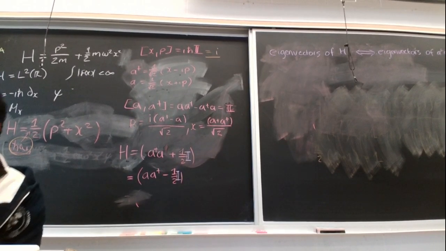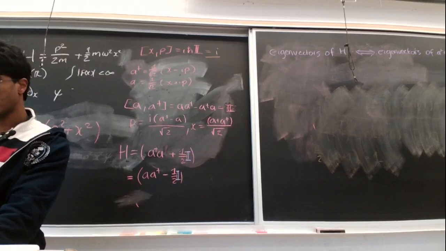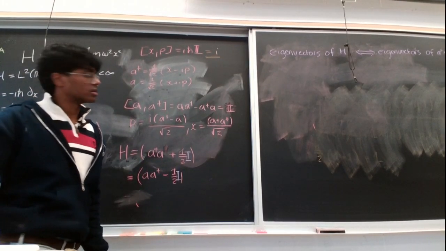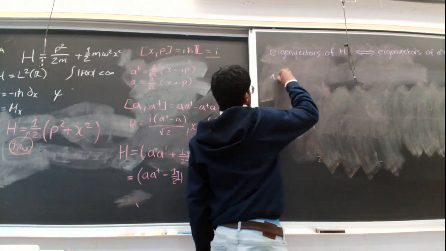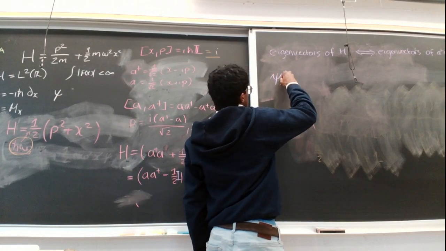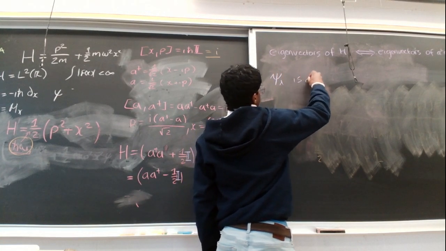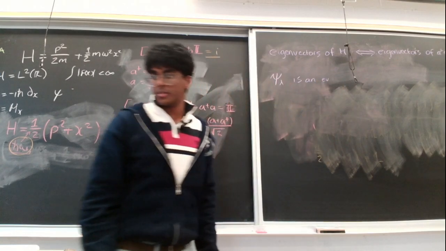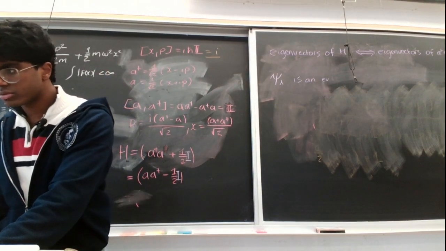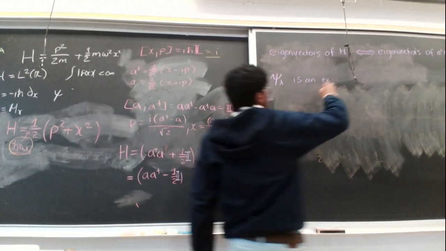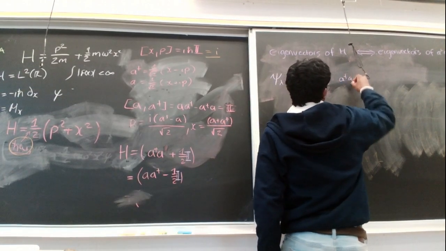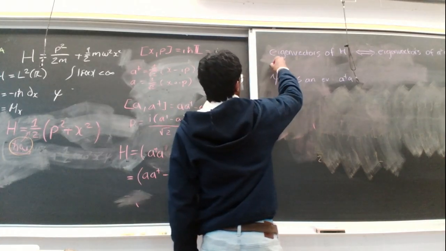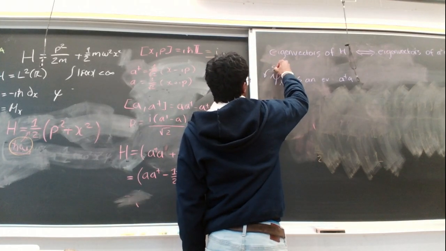Okay, now we're gonna show that if this is an eigenvector, I'm just gonna write EV, of A dagger A. So I think you should write sentences like this, starting with the word "suppose," because we're supposing this.